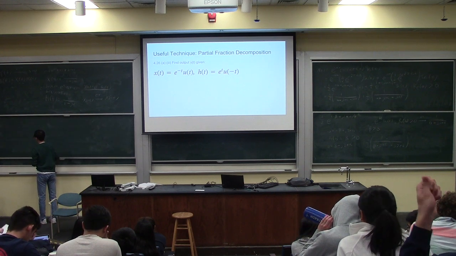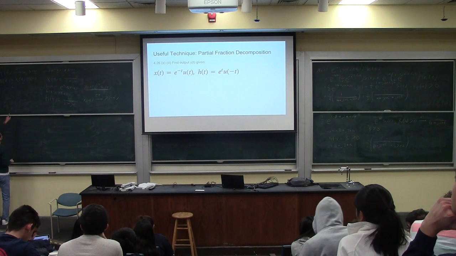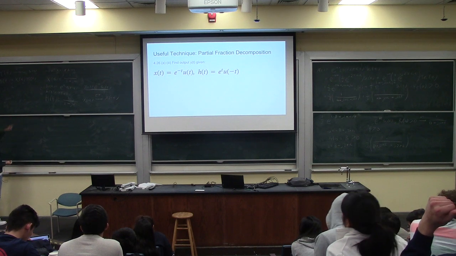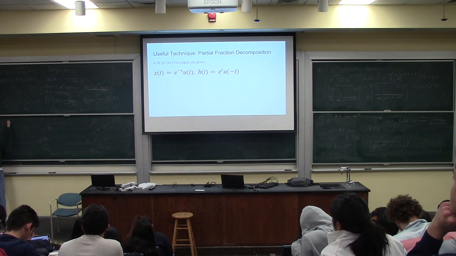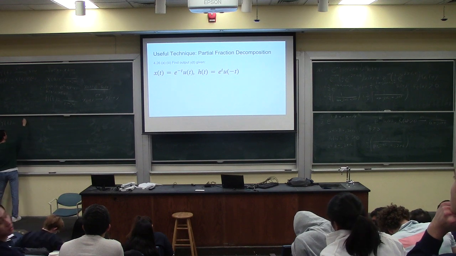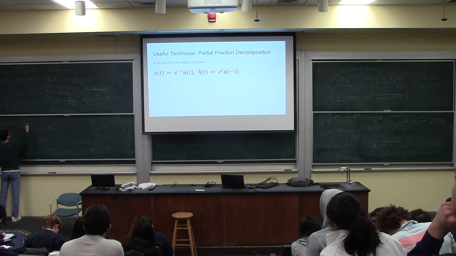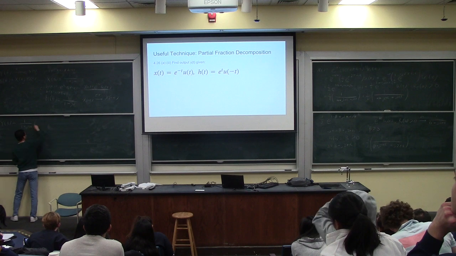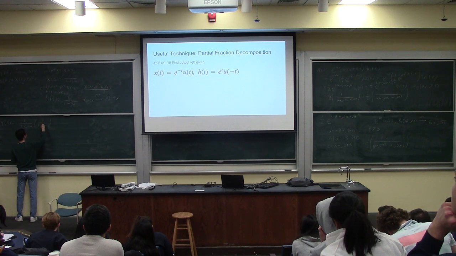Right. So we've established what x of f is and what h of f is. So our y of f is equal to 1 over 1 plus j omega times 1 over 1 minus j omega.